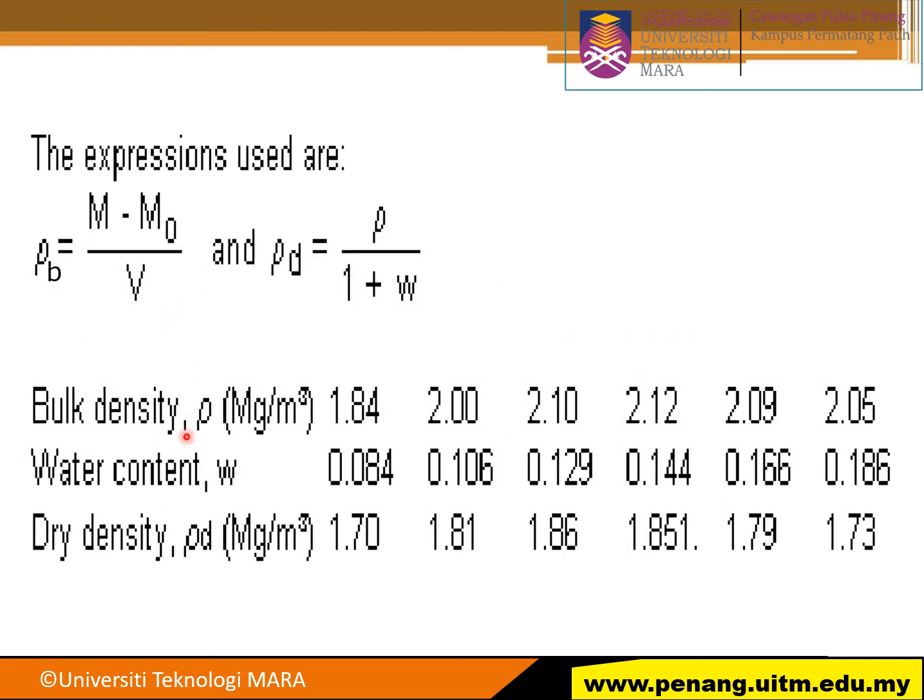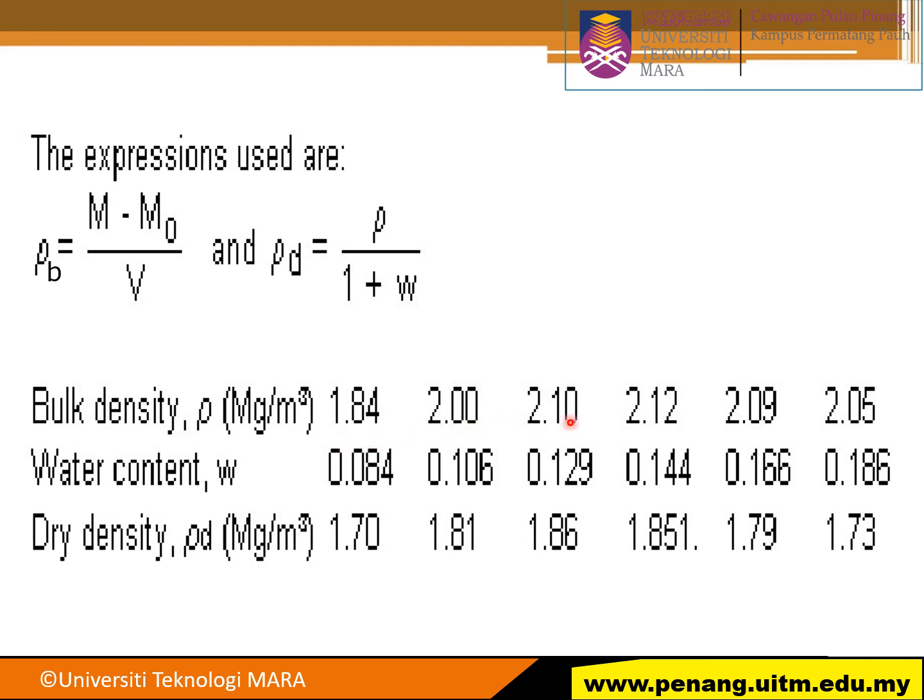Alright, to determine the bulk density, you have to use M minus M naught, meaning the mass of mold and soil minus the mass of mold. You will get the mass of soil, and then the volume of mold. So first we determine the bulk density: rho is equal to M over V, mass of soil over volume.